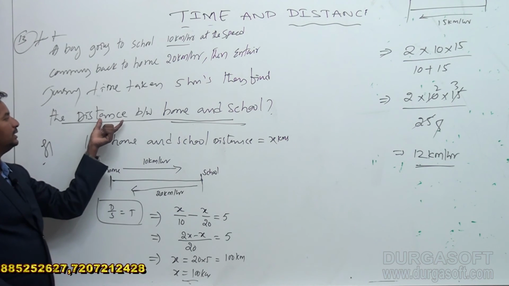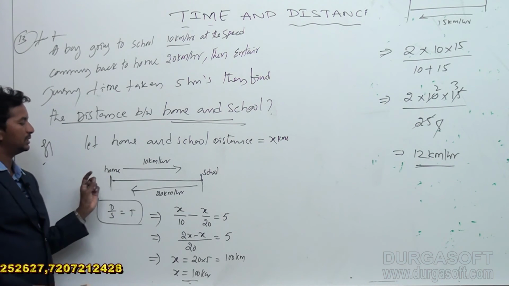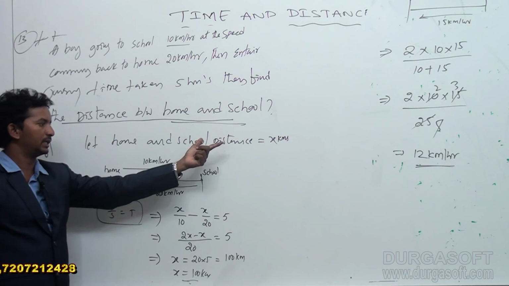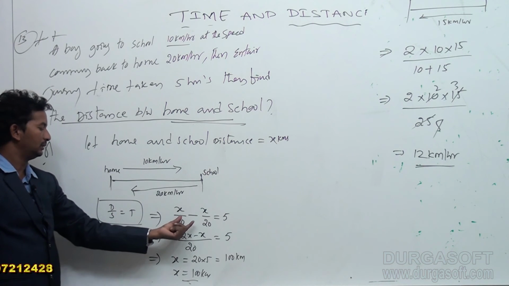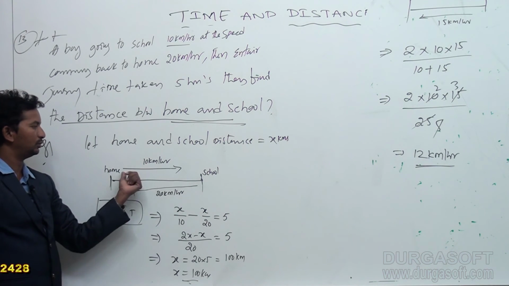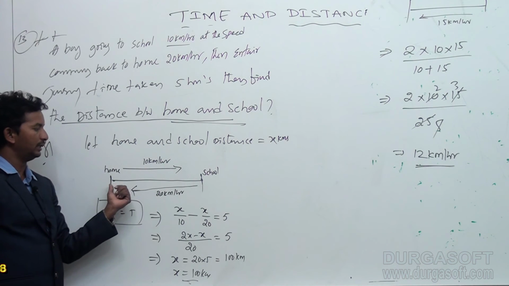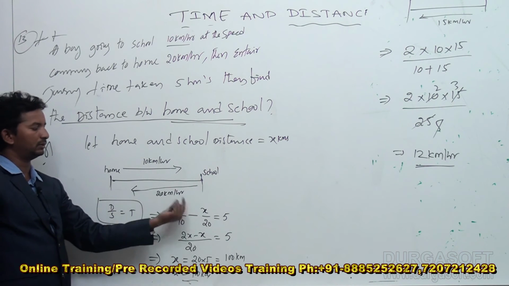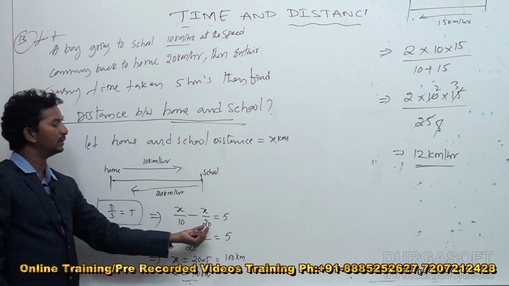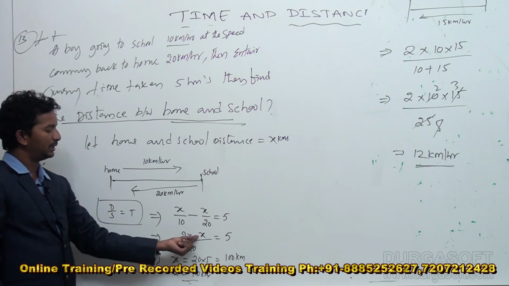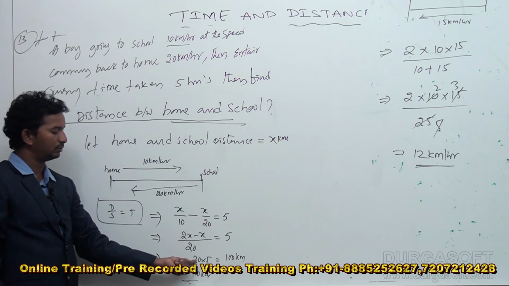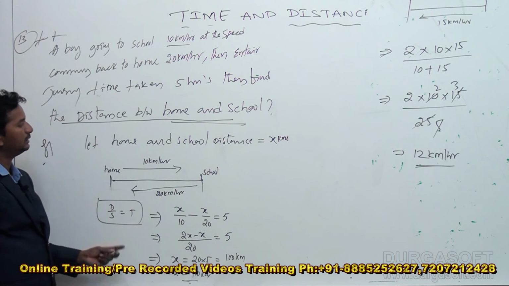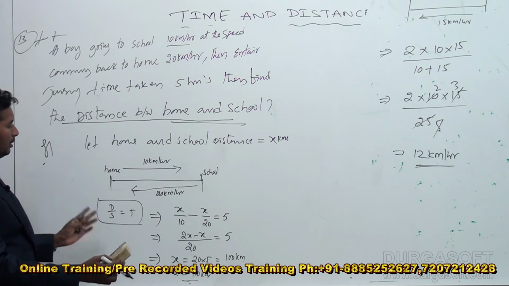The distance between home and school is constant. Taking the distance as x kilometers, going is x by 10, minus coming back x by 20, is equal to 5. So 2x minus x by 20, and x is equal to 20 into 5, so 100 kilometers. This is how to find the distance between home and school.